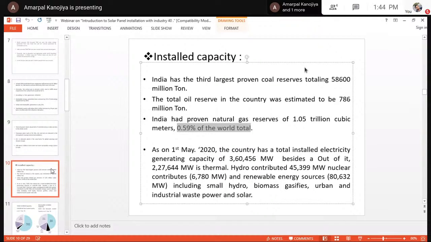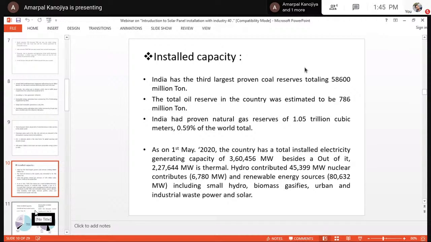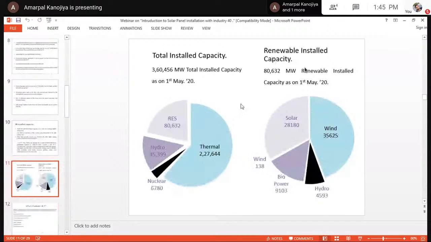Now we have some data of 1st May 2020, that is from 6 months ago. This is the installed capacity, and from that installed capacity, this is the renewable energy installed capacity. The installed capacity of India is 3,60,456 megawatt.